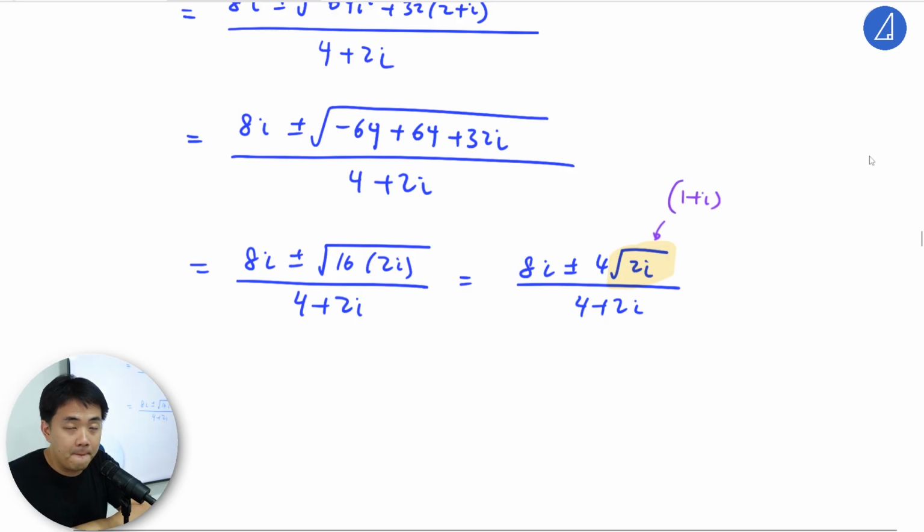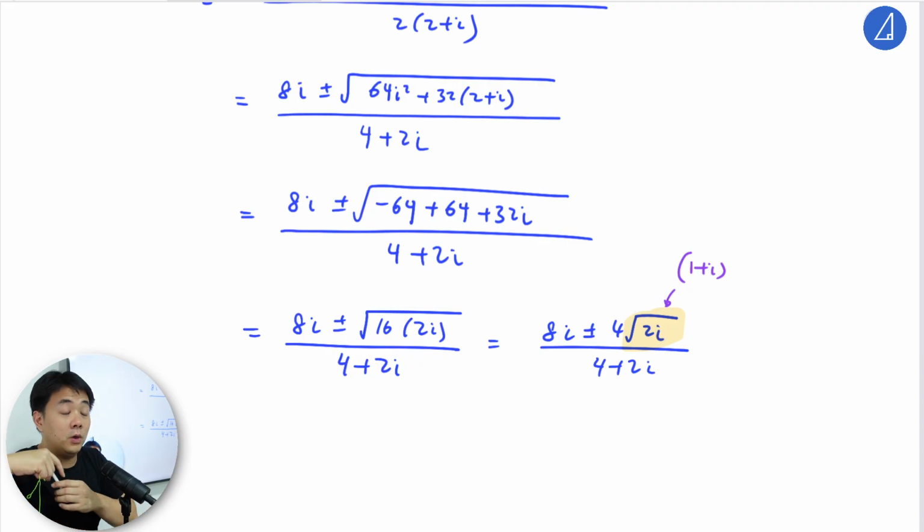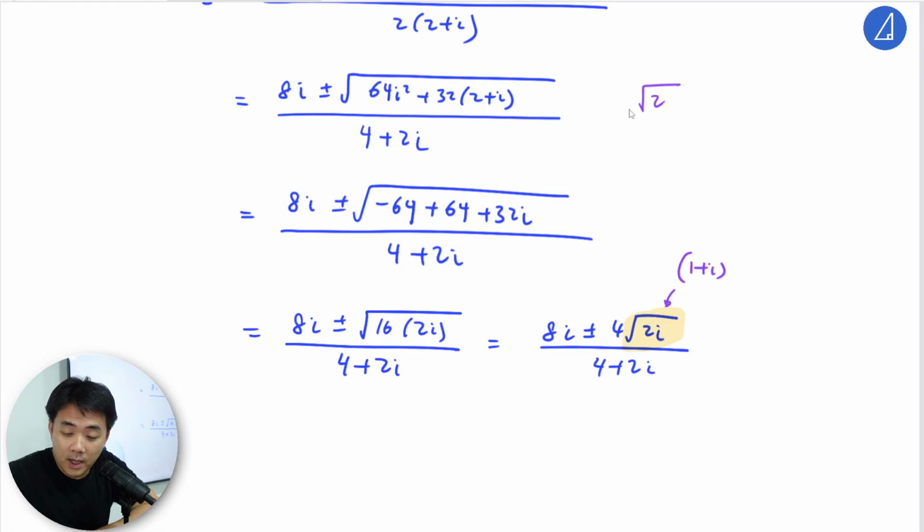Technically you can use the first root to deduce that this is 1 + i. But if not, how do you find the square root of 2i, if they don't allow you to use the GC? Remember, initially we talked about this: let the square root of 2i equal a + bi.